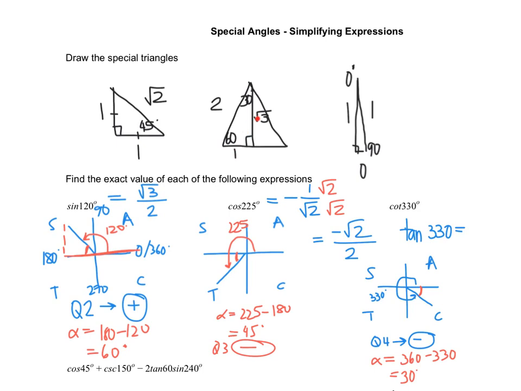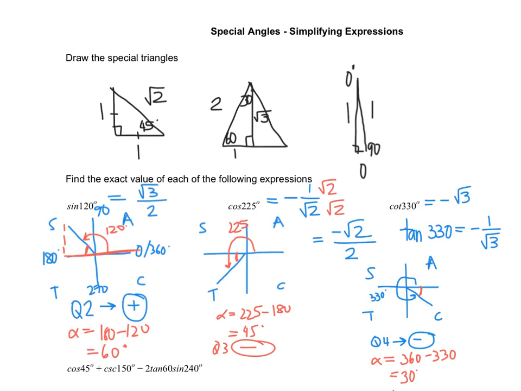So 1 over root 3. And it's going to be the negative version. So negative 1 over root 3. And I'm not going to worry about rationalizing the denominator because when I take the reciprocal, that radical will go up into the numerator. So cotangent of 330 is negative root 3 over 1, or just negative root 3.